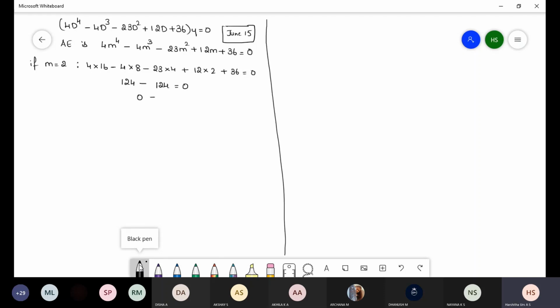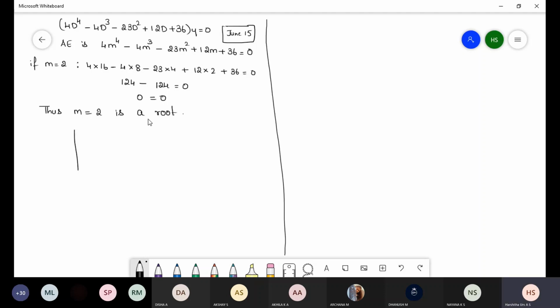So 0 is equal to 0. So for m is equal to 2, the trial and error method is satisfied. So we have to use synthetic division. Here you can write that m is equal to 2 is a root.